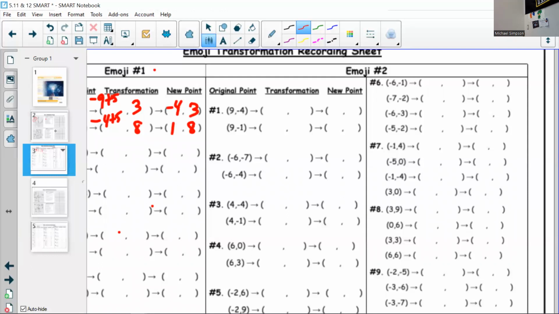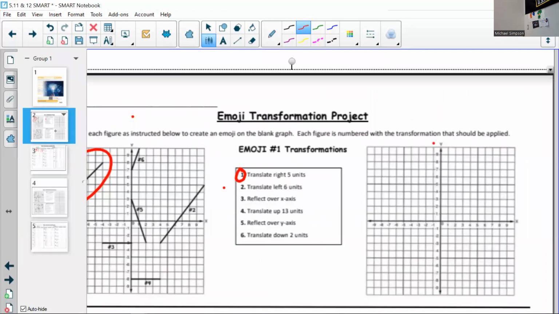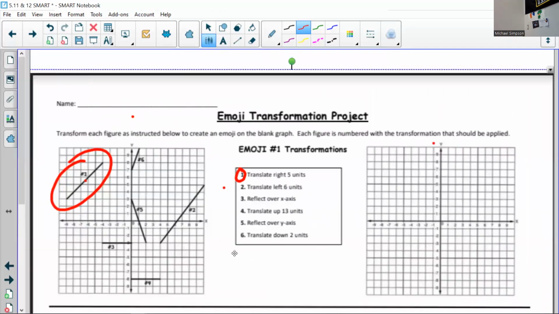Now you go back to the graph and you're going to plot those points. -4 across, 4 up 3 is right here. That's my new point. And then the other one is 1,8: 1, and I go up 8, which is right there.